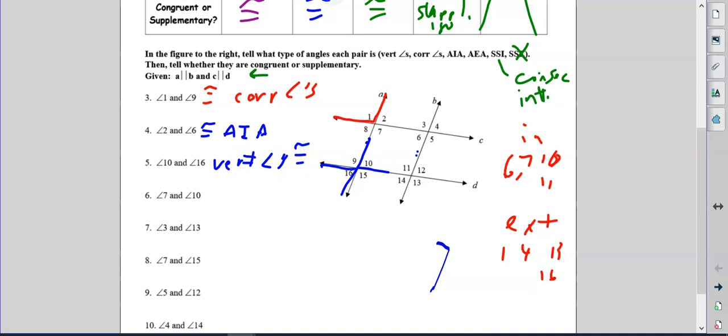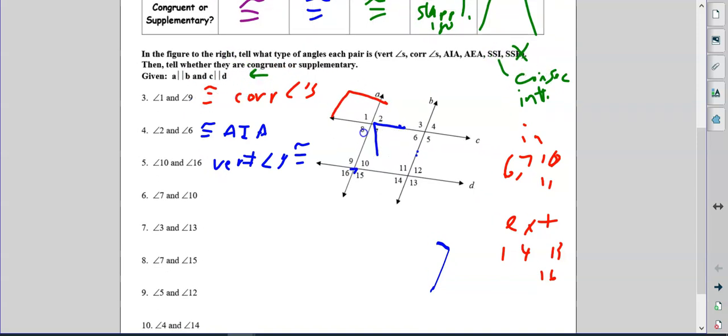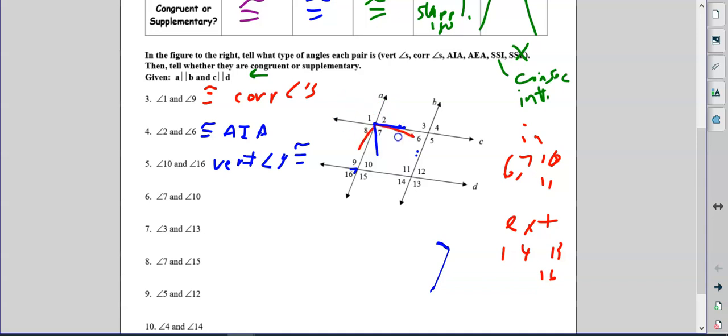Now 7 and 10, let's look at this. This is where the common sense has to kick in a little bit. 7 and 10. Are they the same? No. 7 is obtuse, right? 7 is one of the obtuse angles.